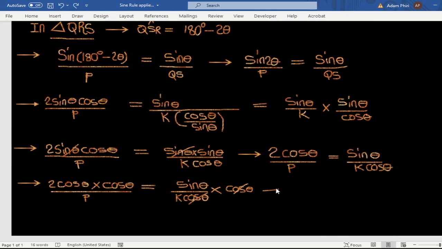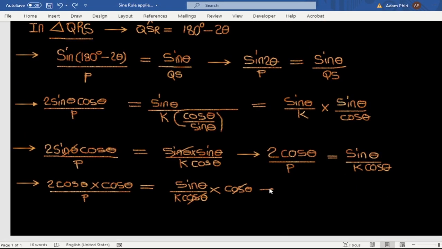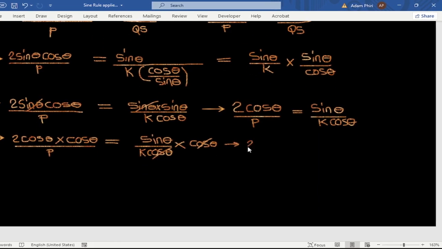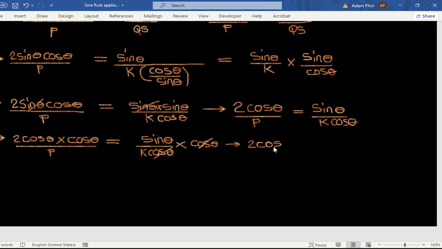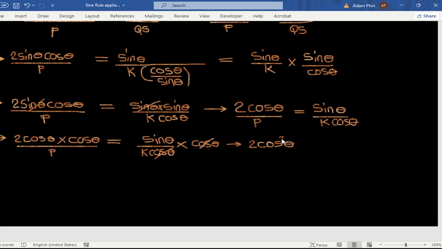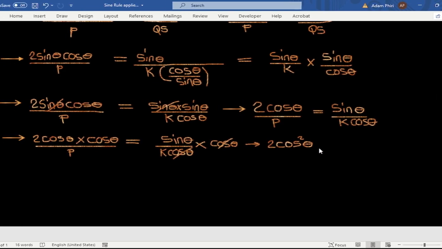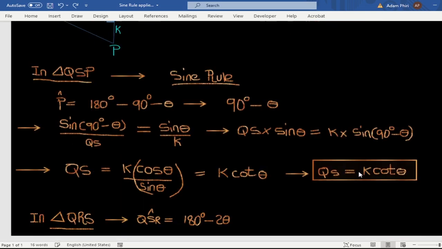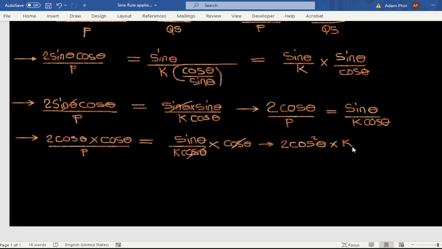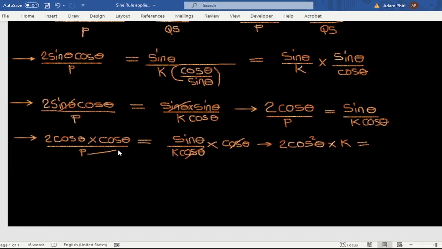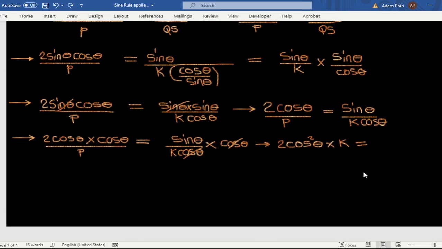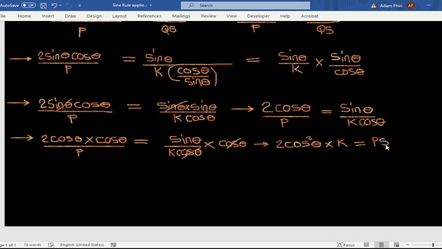Then we have 2 cos squared theta multiplied by k is equal to p sine theta.